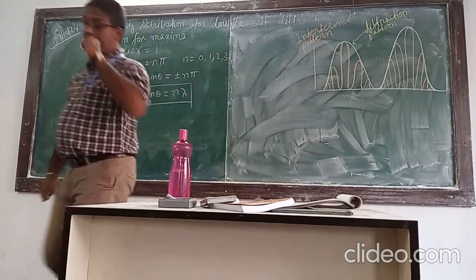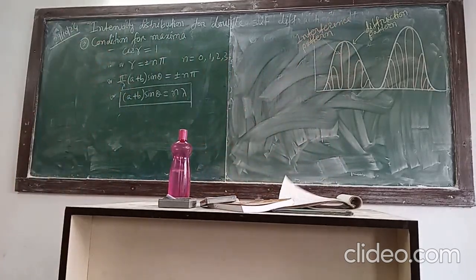So we can see that within one diffraction pattern there are so many interference bright and dark fringes. Now we go for the missing order.